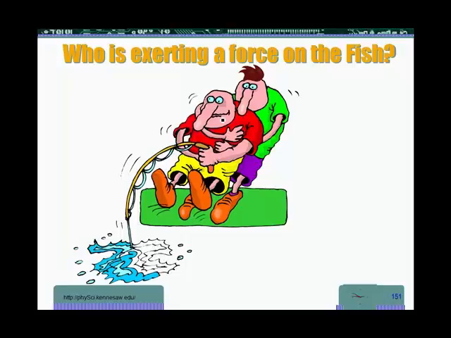Now, who's exerting a force on the fish? We don't see the fish here, but who's exerting a force on the fish? The line. None of them is exerting a force on the fish. Remember, for any force, you have to account for it by seeing whatever exerted that force.